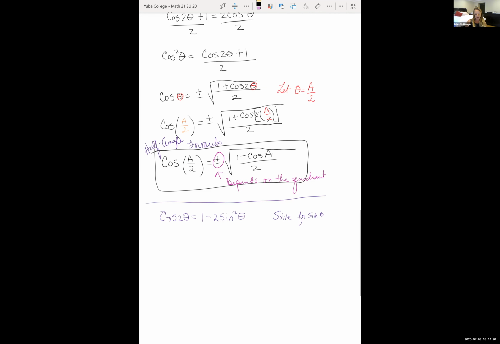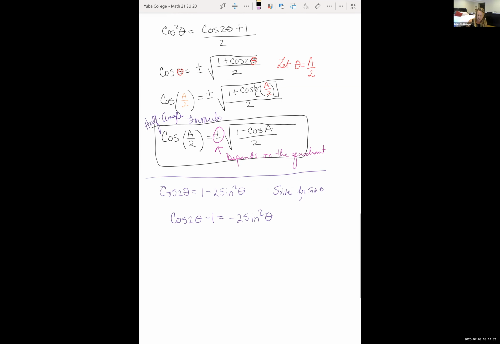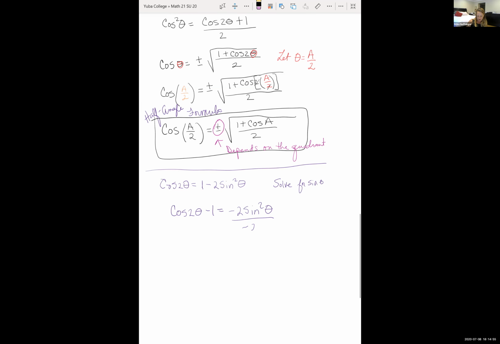And so we can get the half angle formula for sine if we look at this identity for cosine of 2 theta and solve for sine theta. We can do that by subtracting 1 on both sides. So we have cosine of 2 theta minus 1 equals negative 2 sine squared theta. If we divide everything through by a negative 2, I don't like the negative down in my denominator, so I can pull it out front and distribute it to my numerator instead.